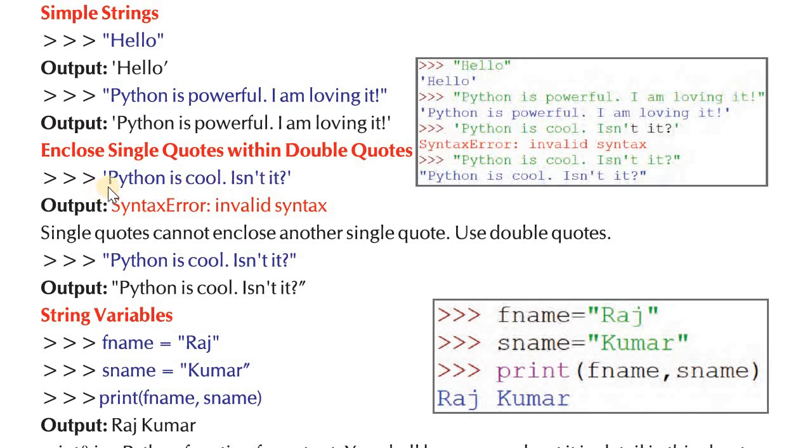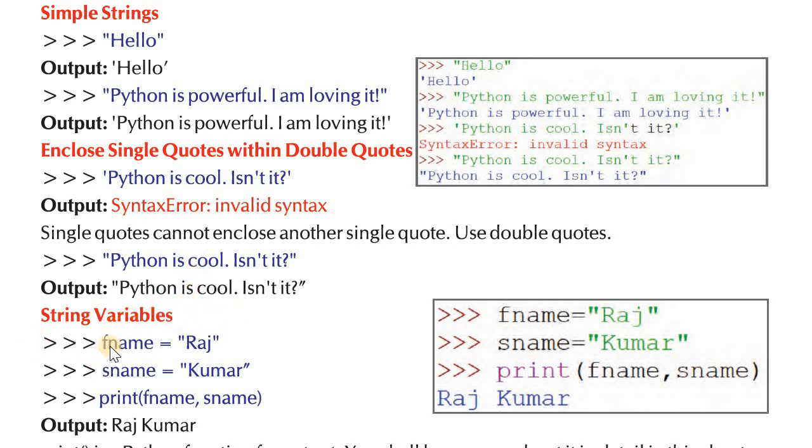If I try to write 'Python is cool, isn't it?' you will get a syntax error. Why? Because this is the first quote and the second quote is this one, so the computer will treat this as the second quote, not the later one. So it is better that you write the entire string within double quotes if there is a single quote in your string.